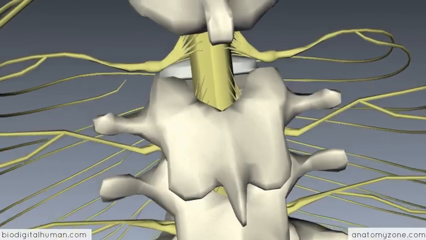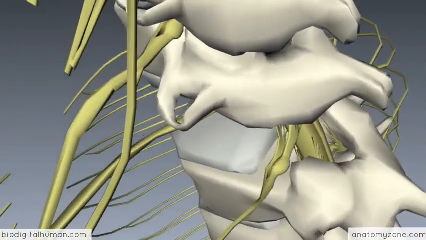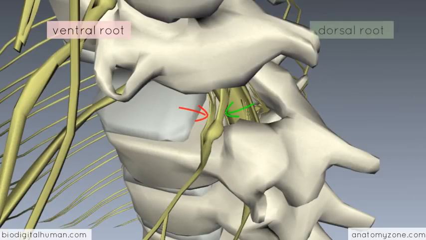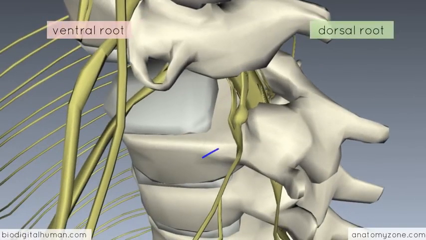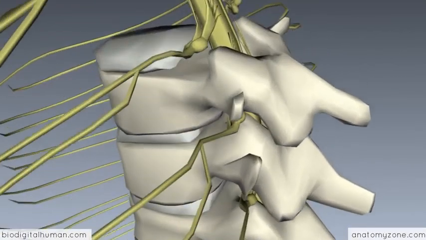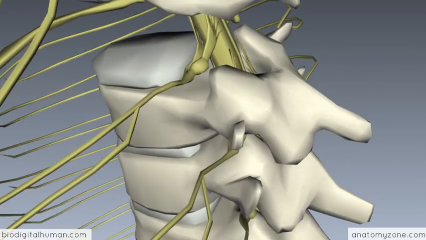If I rotate the model round, you can see there's a root at the front, the ventral root, and a root at the back, the dorsal root. These roots converge to form the spinal nerve itself, and the spinal nerve exits the vertebral column via the intervertebral foramina. Immediately after leaving the intervertebral foramina, there's another division.